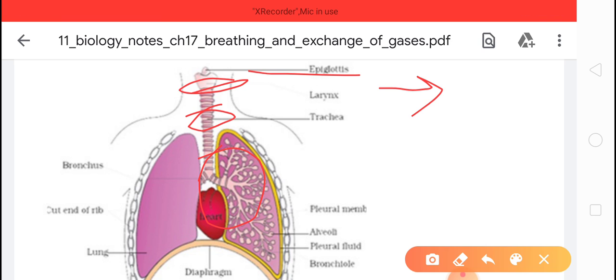Children, now bronchioles give rise to a vascularized bag-like structure, the alveoli. You can see these structures in the diagram picture. These vascularized bag-like structures are called alveoli.